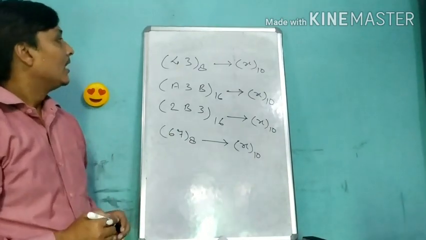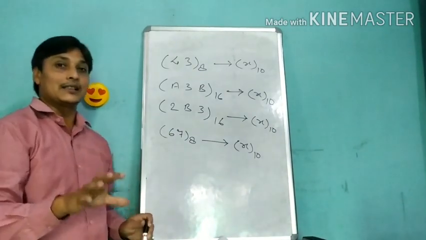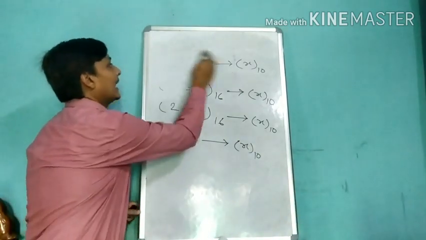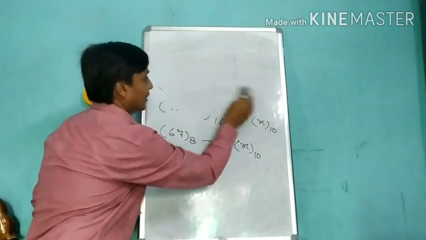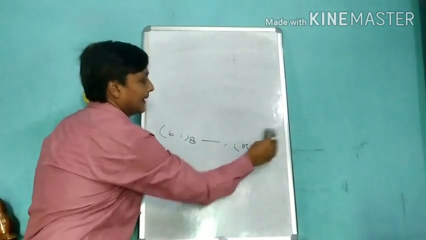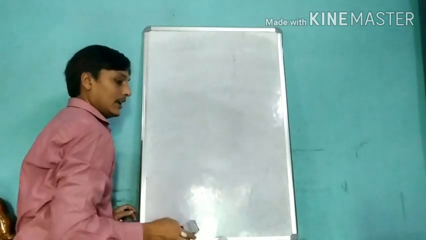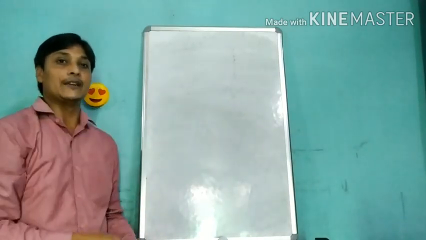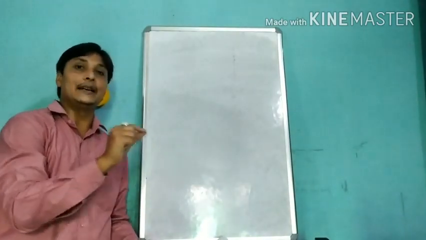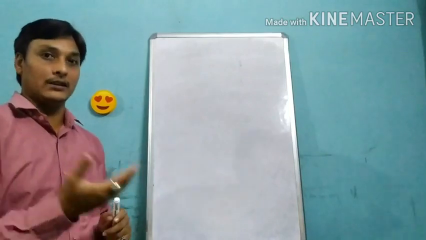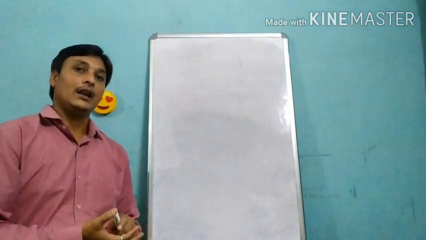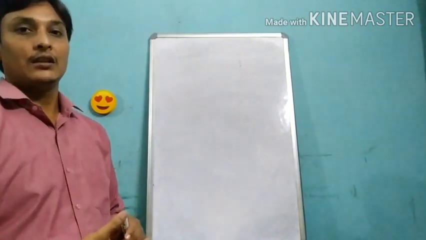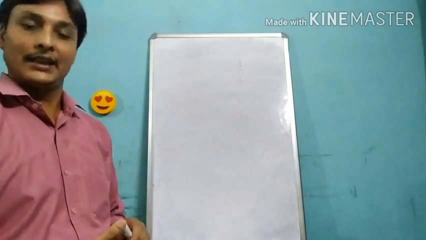Now, in the binary number system or number system, we actually perform some arithmetic operations. And these arithmetic operations I will cover in this chapter, related to binary arithmetic operations.